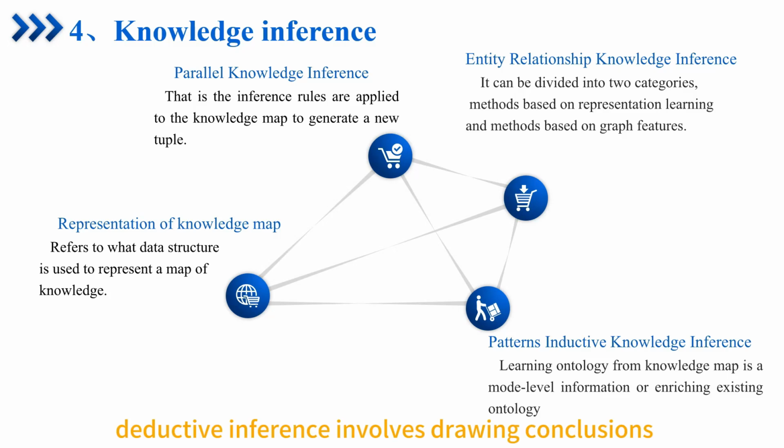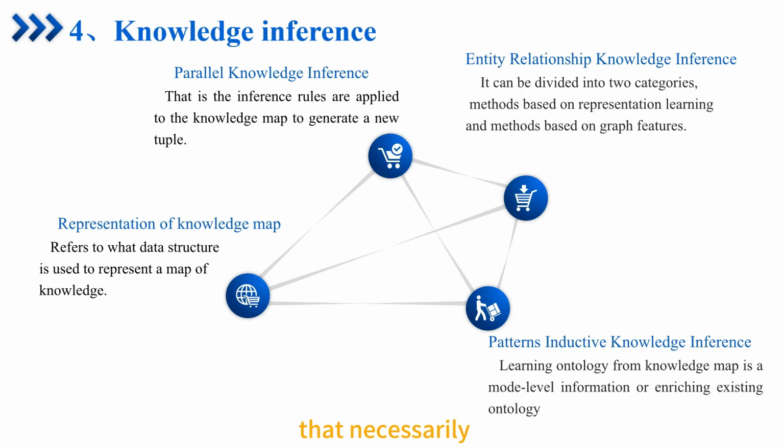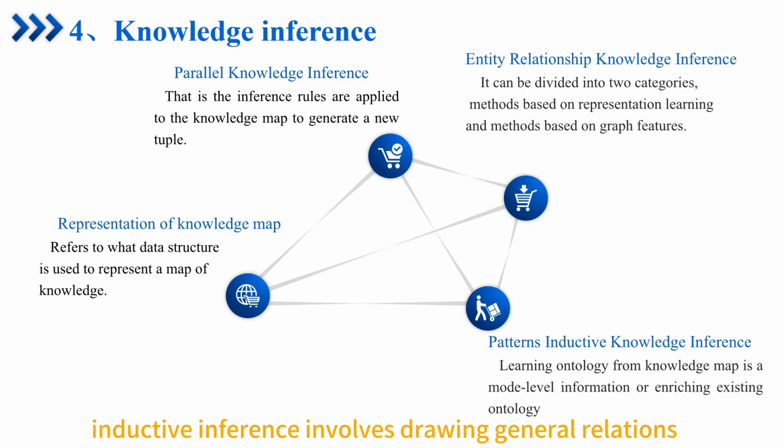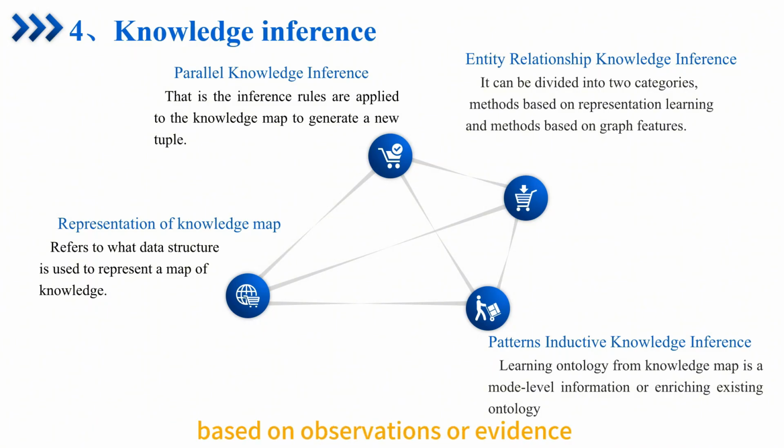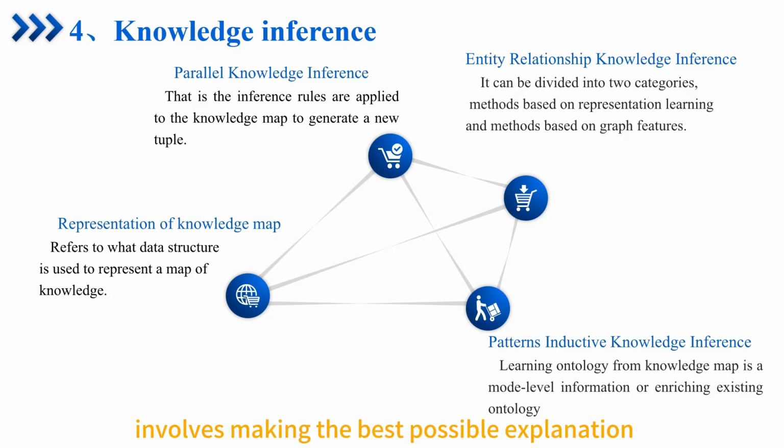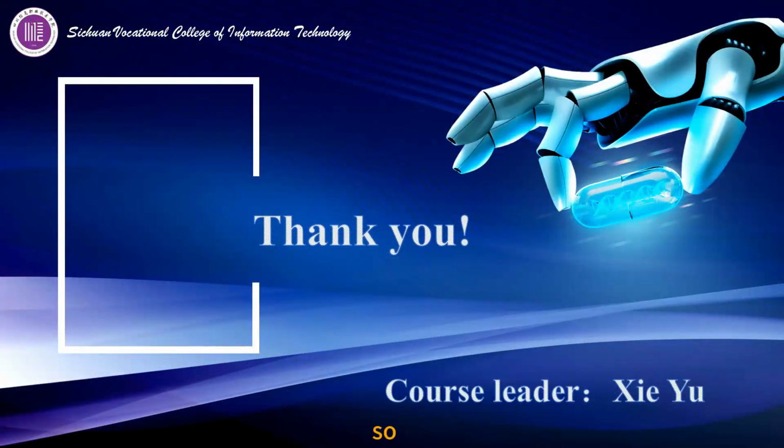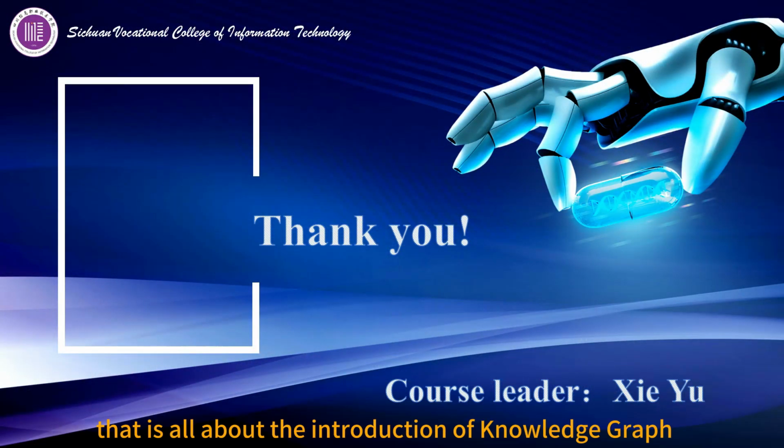Deductive inference involves drawing conclusions that necessarily follow from a set of premises or assumptions. Inductive inference involves drawing generalizations or predictions based on observations or evidence. Abductive inference involves finding the best possible explanation for a set of observations or evidence, even if it's not certain or conclusive. So that is all about the introduction of knowledge graph.